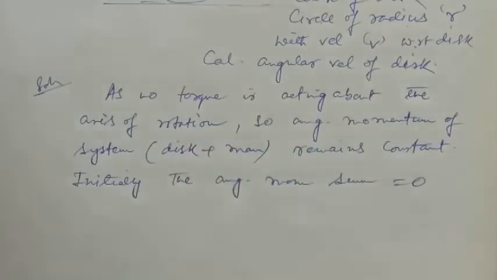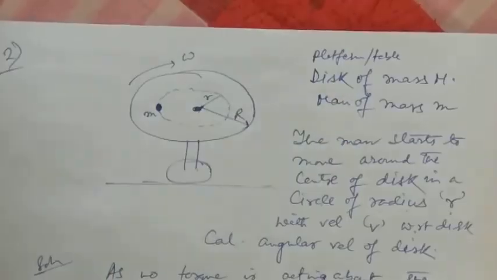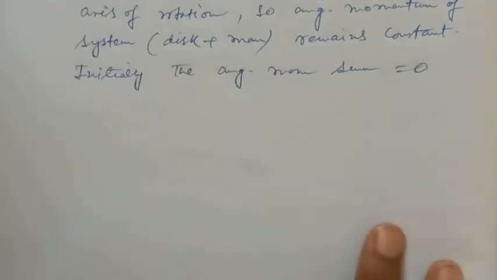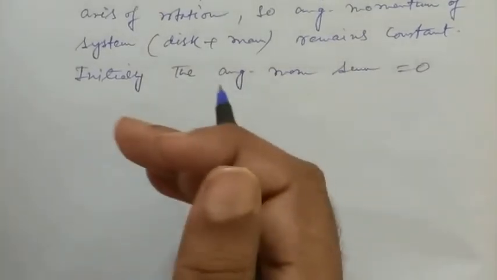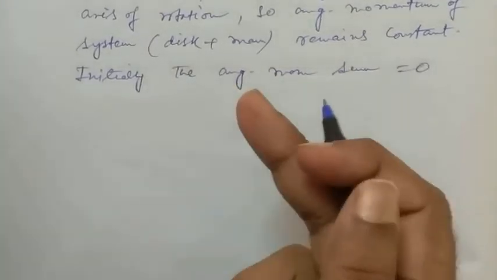Now if we take the angular velocity of the disc to be omega, when the man starts to move, what is the velocity of the man with respect to the ground?